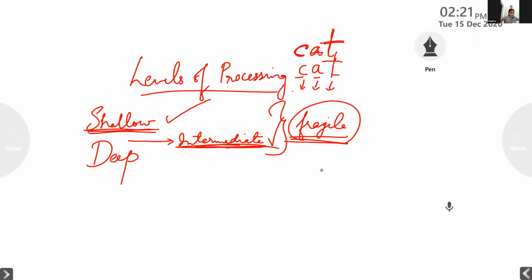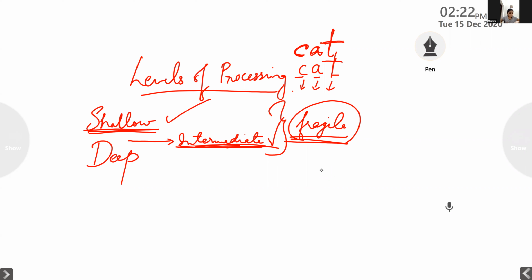However, there is a third and the deepest level at which the information can be processed. In order to ensure that the information is retained for a longer period, it is important that it gets analyzed and understood in terms of its meaning. For instance, you may think of cat as an animal that has fur, has four legs, a tail, and is a mammal.